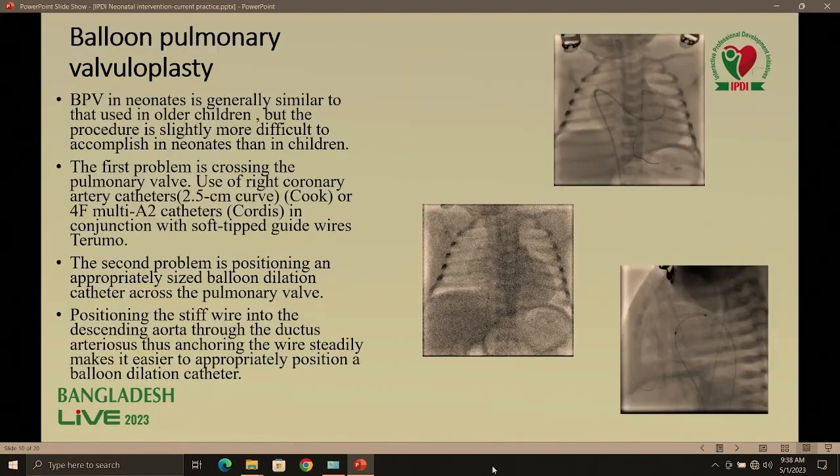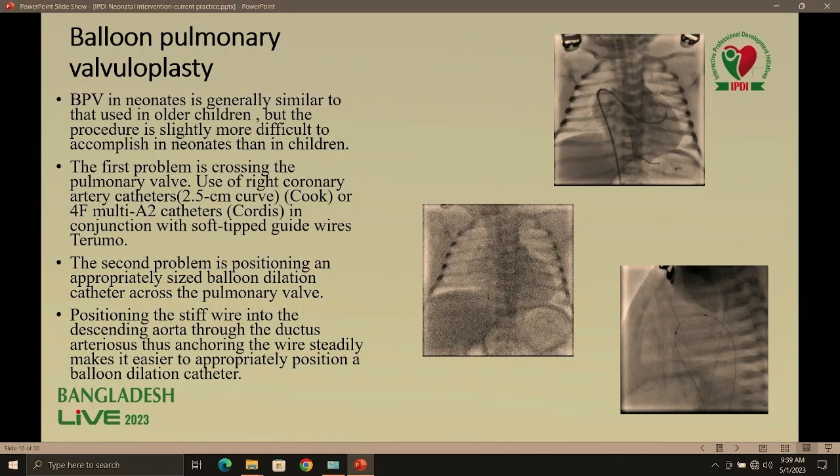Balloon pulmonary valvuloplasty in neonates is generally similar to that in older children, but the procedure is slightly more difficult to accomplish in neonates. The problem is to cross the pulmonary valve using a coronary guide wire. We use a right coronary artery catheter, mostly Cook 4.1 catheter, which has 1.5, 2, and 2.5 curves.